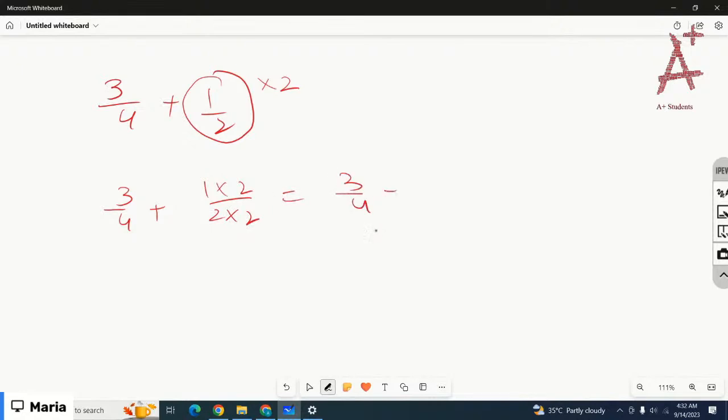That is 3 over 4 plus 2 over 4, right? Just add their numerators, it would be 5 over 4. The numerator is greater than the denominator, so you can divide. 4 times 1 is 4. You are left with 1. That means the answer is 1 whole 1 over 4.